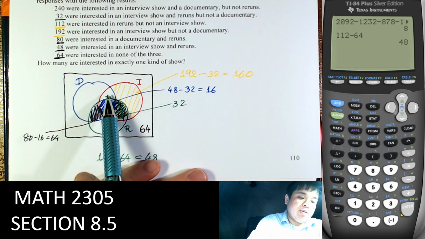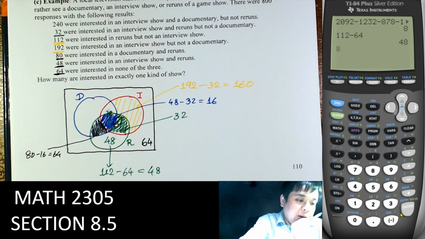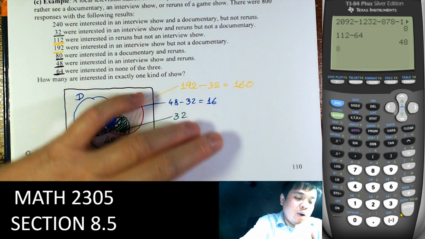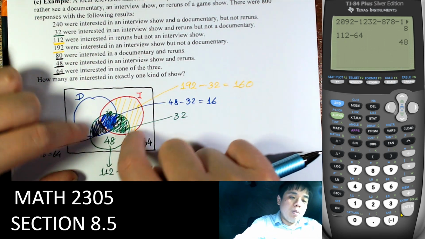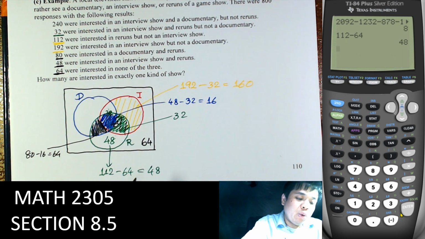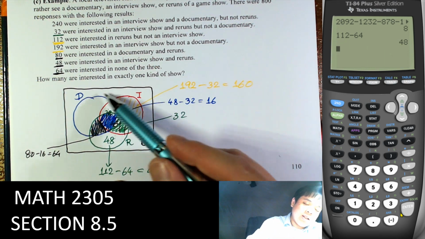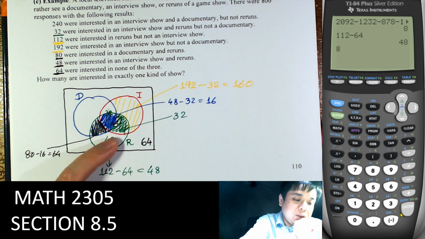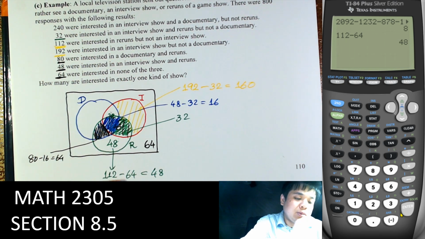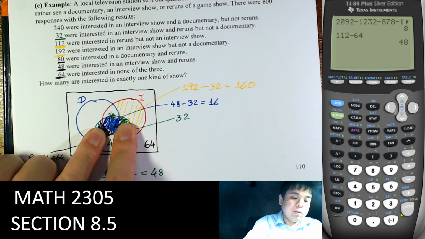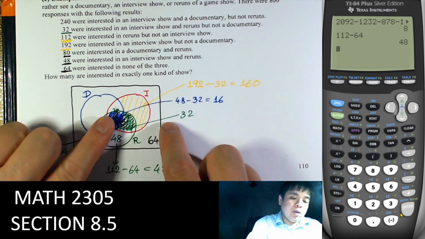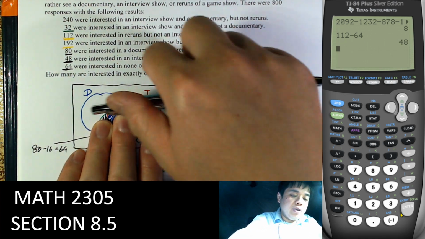And then we still have those numbers. 240 interested in the interview show and documentary. So that is kind of like the whole circle here, but not rerun. So exactly we're talking about that big circle, but not rerun. So subtract. So that's what we have here.